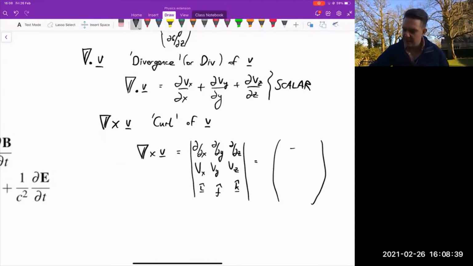I'll write the first term just to show you the idea. It's a combination of the d/dx, d/dy's and the vx's and vy's. So the first one would be dvz/dy minus dvy/dz. And then the other terms look similar.